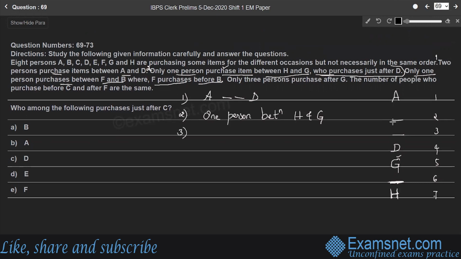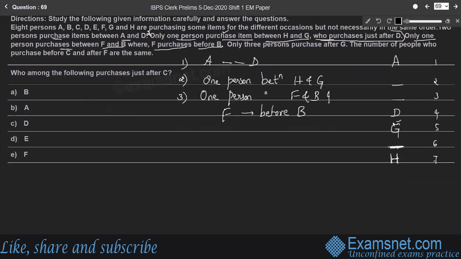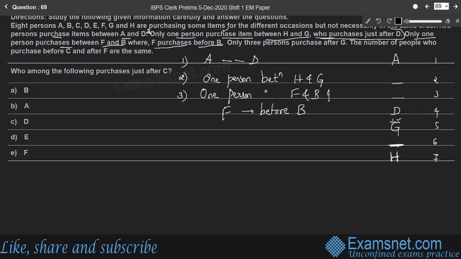So here, one person between F and B, and F purchases before B. F is before B. Right. So, where is the position of F here? There are 7 people already according to their order, and one more person can accommodate here.